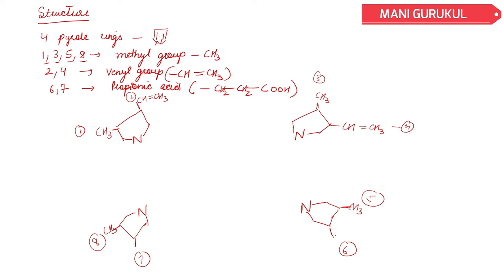So the 6th position is this. So we will erase 6 and add CH2, CH2, COOH. And again on the 7th, we will write propionic acid, CH2, CH2, COOH.